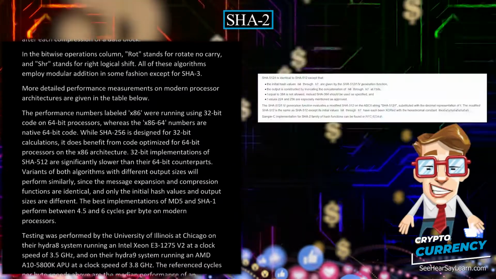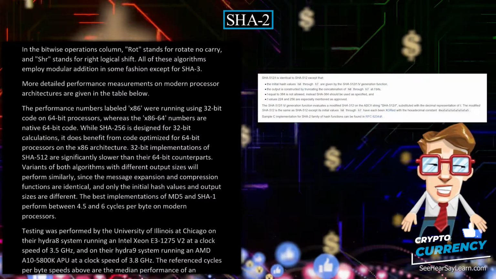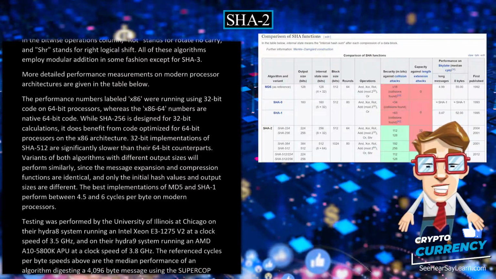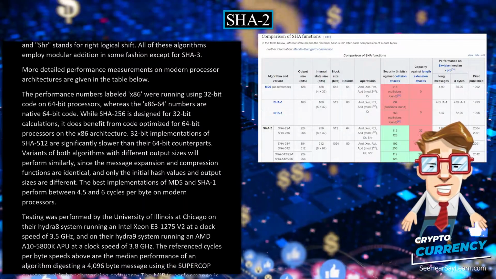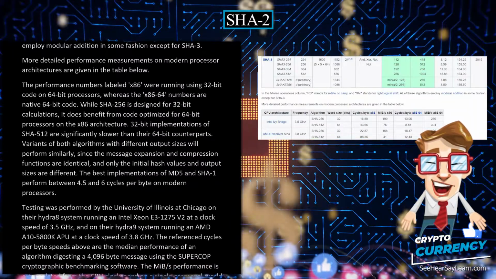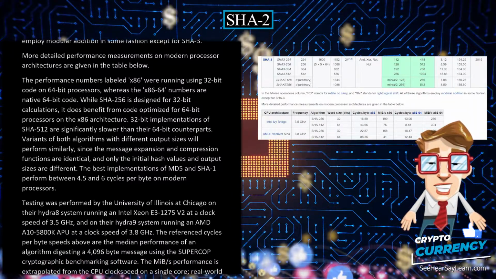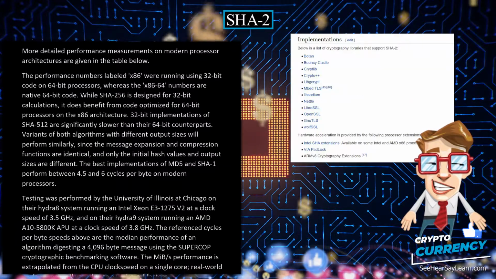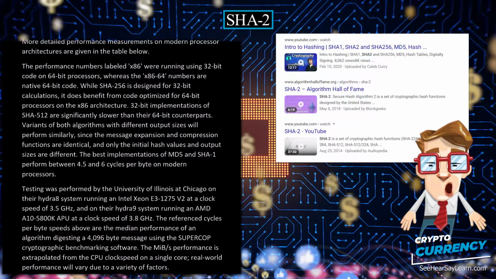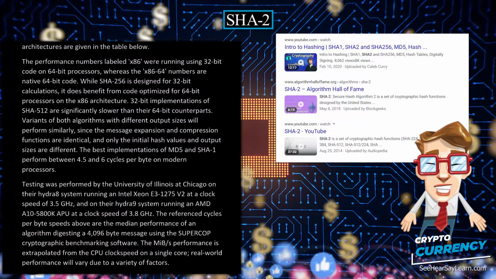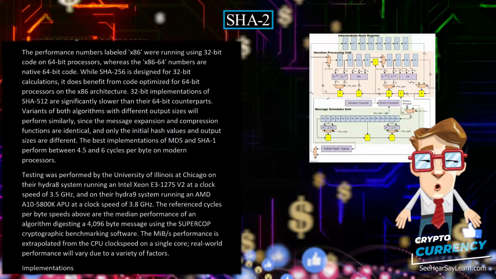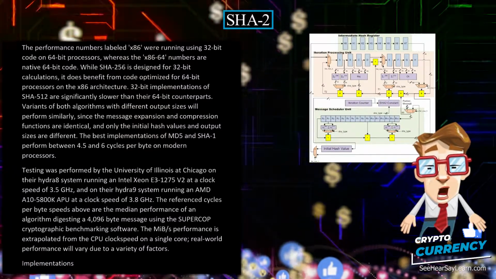The best implementations of MD5 and SHA-1 perform between 4.5 and 6 cycles per byte on modern processors. Testing was performed by the University of Illinois at Chicago on their Hydra8 system running an Intel Xeon E3-1275 V2 at a clock speed of 3.5 GHz, and on their Hydra9 system running an AMD A10-5800K APU at a clock speed of 3.8 GHz.